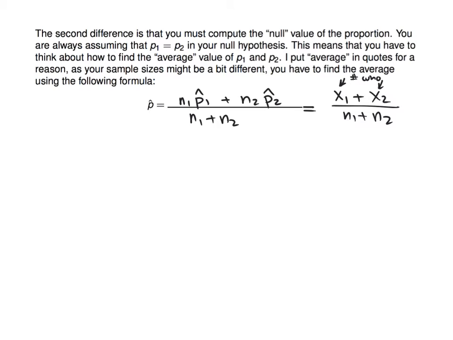The number who recover on drug is this X1. X2 is the number who recover on placebo, divided by total sample size. So the numerator of this expression is the number of people in both groups who recover or who pass or whatever, divided by the total sample size between the two groups. And these formulas are equivalent, and they only won't match because of some rounding error in your P1 hat and P2 hat.